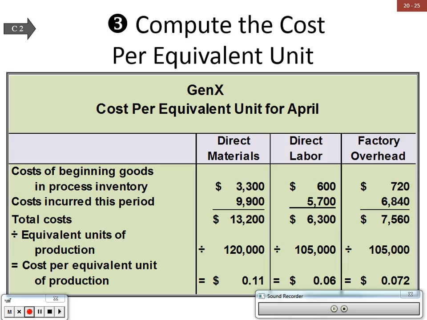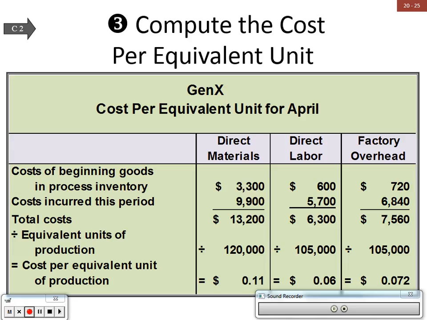Now they found out that their equivalent units, you remember from the previous slides, 120,000, 105,000. Why do you think it's the same for direct labor and factory overhead? Because isn't factory overhead equivalent to direct labor? When you don't have overhead, don't you use predetermined overhead rate?